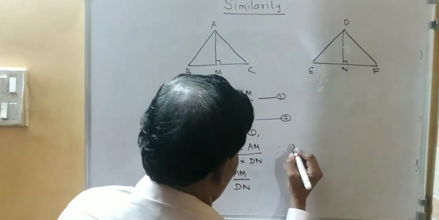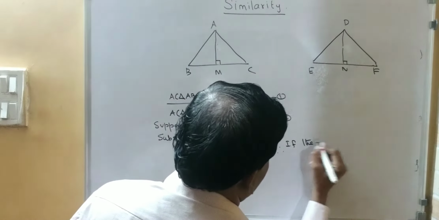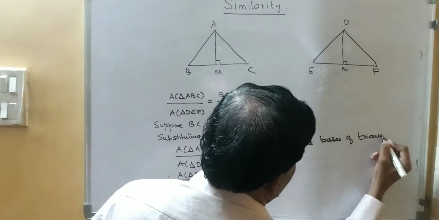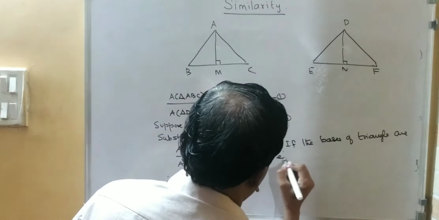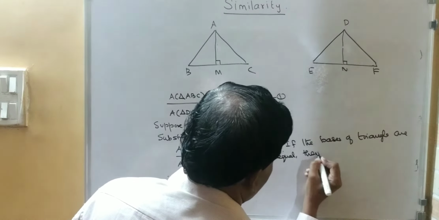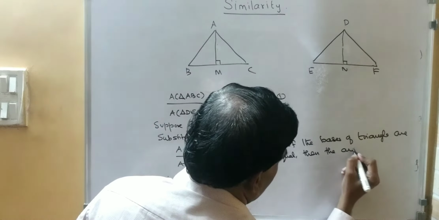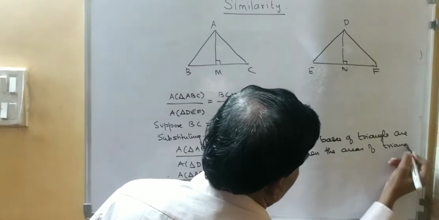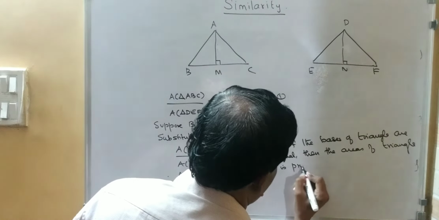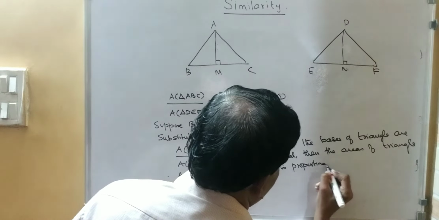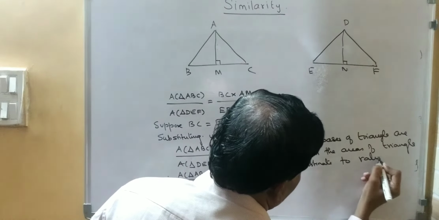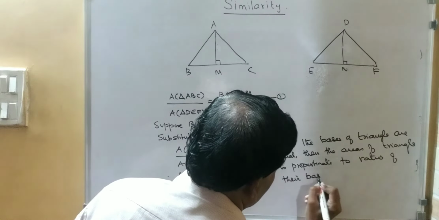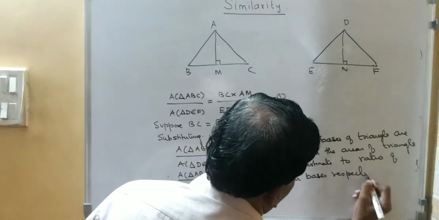Therefore, if the bases of triangles are equal, then the areas of the triangles are proportionate to the ratio of their bases respectively.